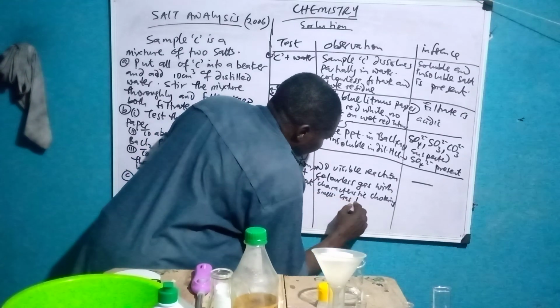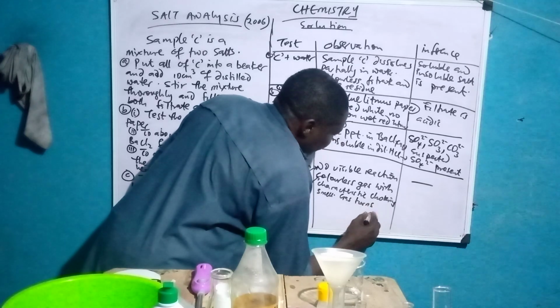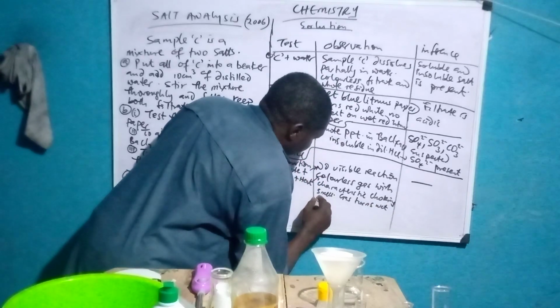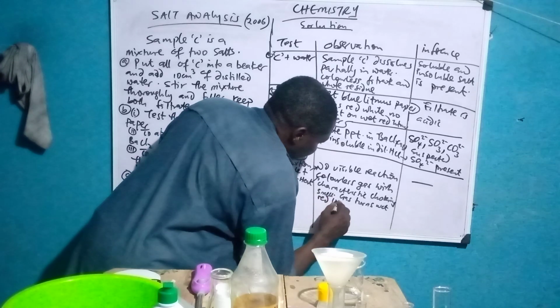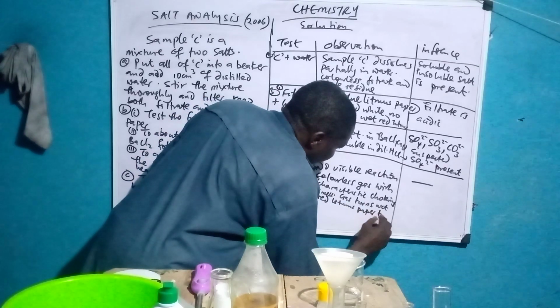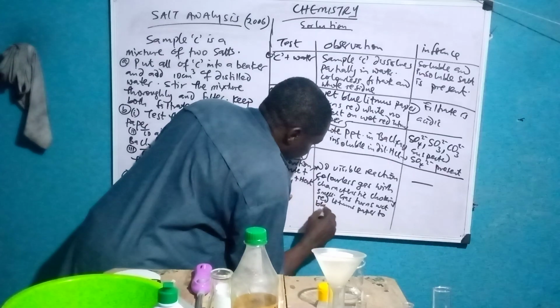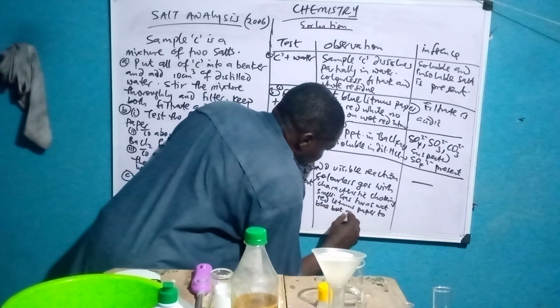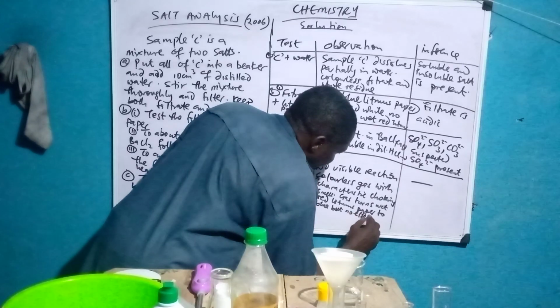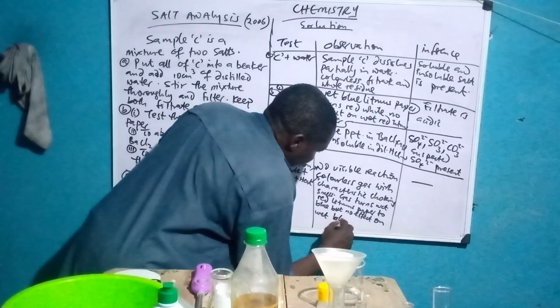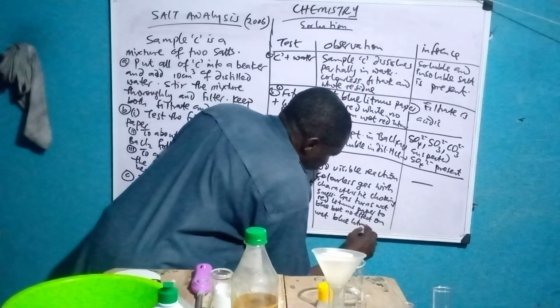Gas turns wet red litmus paper to blue, but no effect on wet blue litmus paper.